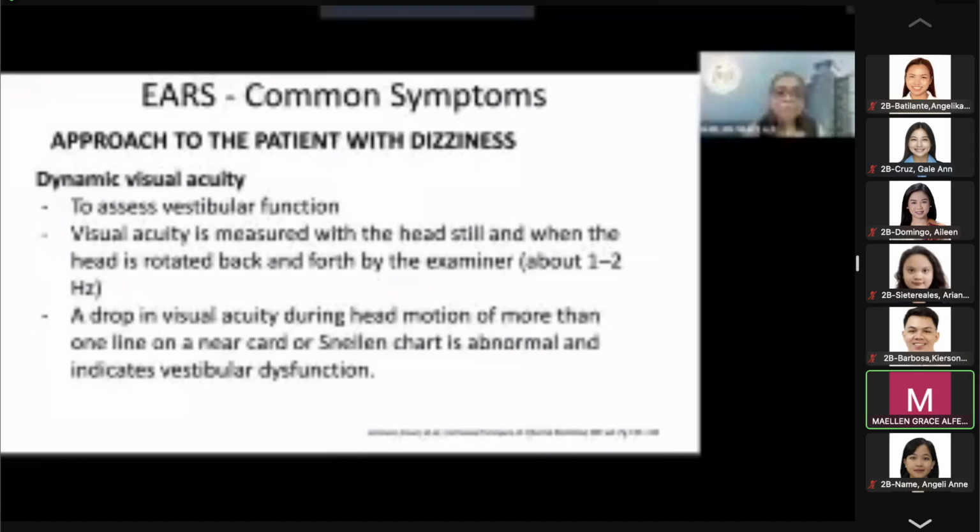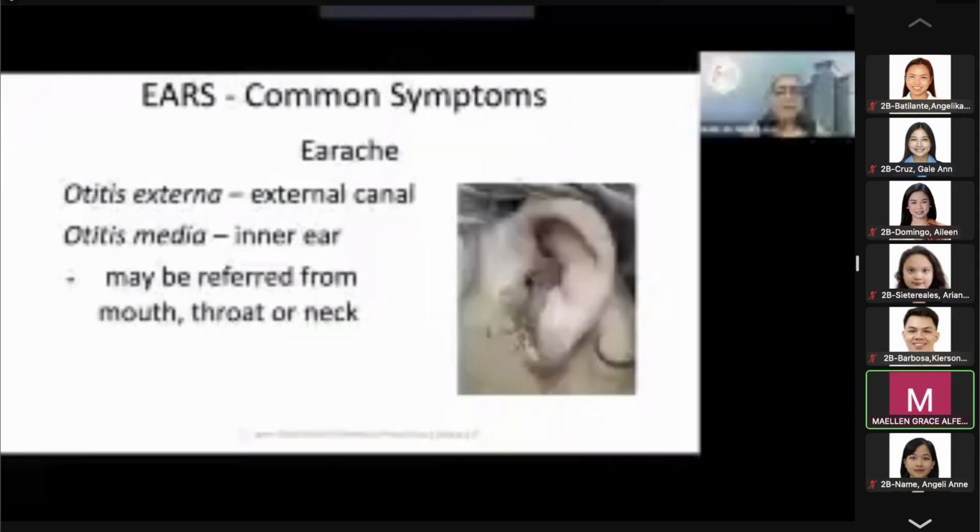Okay. Another symptom would be earache. Now, if there is an infection or inflammation of the ear canal, you can have earache. So that is otitis externa.